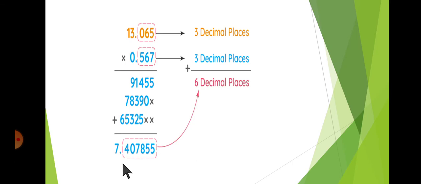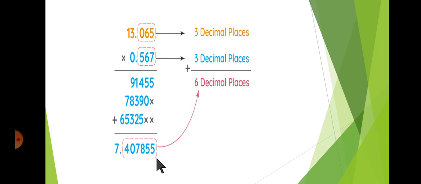So you will get 7407855. Then, where do you insert the decimal? In the first number there are 3 decimal places, 1 2 3, and in the second number also 3 decimal places, 1 2 3. Now you add both decimal places. 3 plus 3 is 6. It means the total number of decimal places is 6.